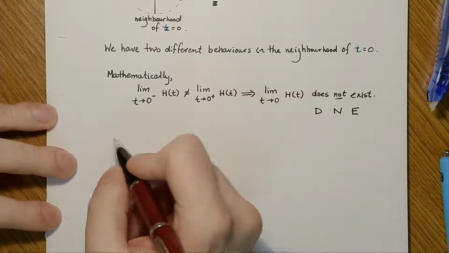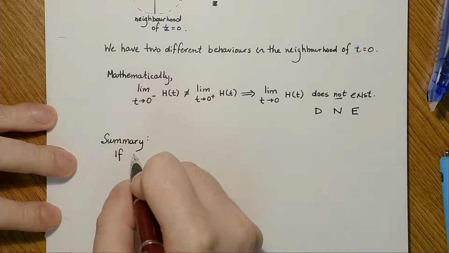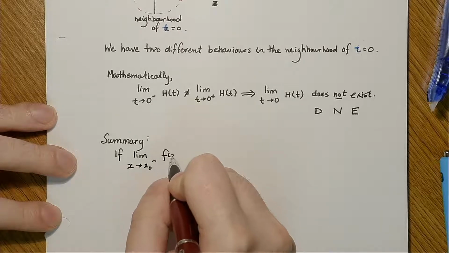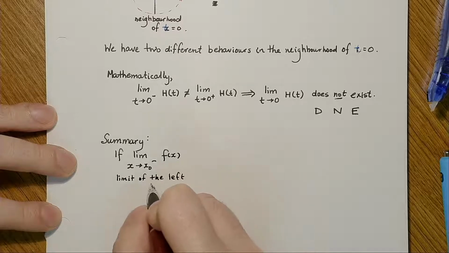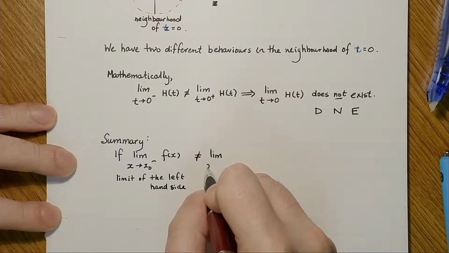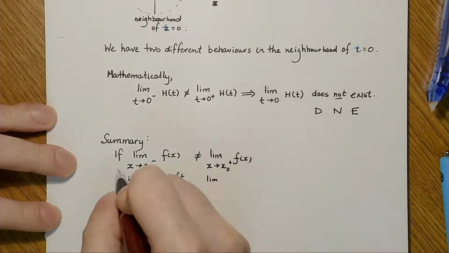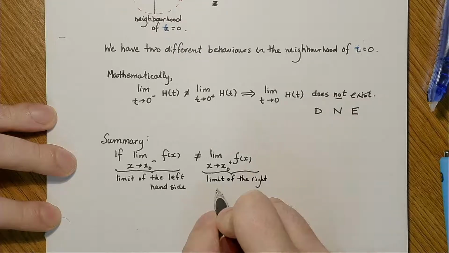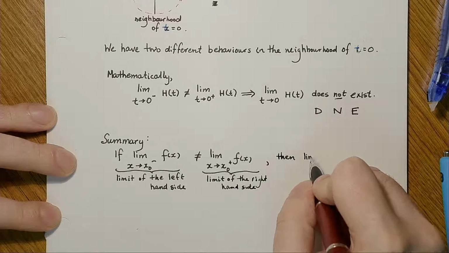Okay, so to summarize that, if the limit from the left-hand side does not equal the limit of the right-hand side, then the limit doesn't exist.